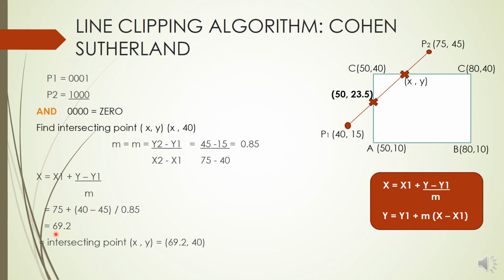So this indicates that the x and y coordinate of this intersecting point is: x is 69.2, and y is always 40. So you get this new intersecting point as 69.2, 40.